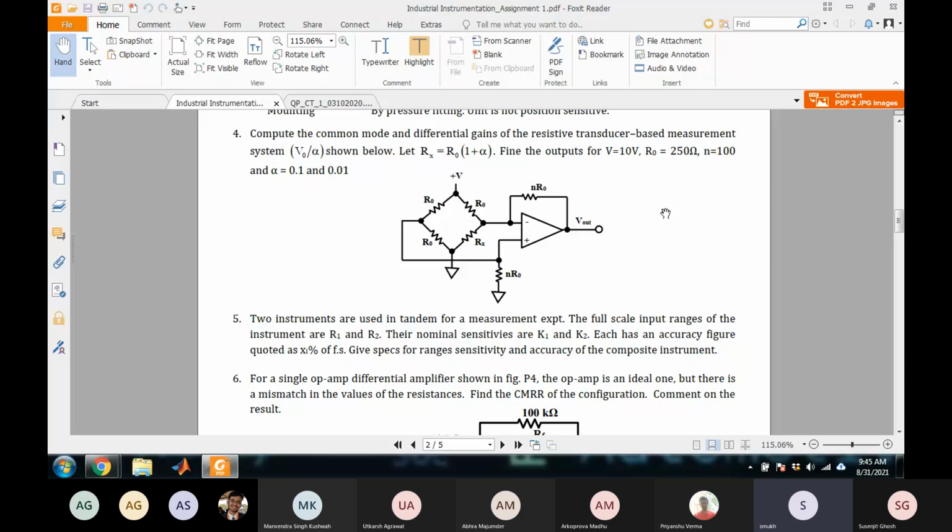For a perfect differential amplifier with input resistance R1 and feedback resistance R2, the gain is R2 by R1. In this case, the feedback resistances are given as NR0. What is the input resistance for a Thevenin equivalent of this bridge? Can you tell me?